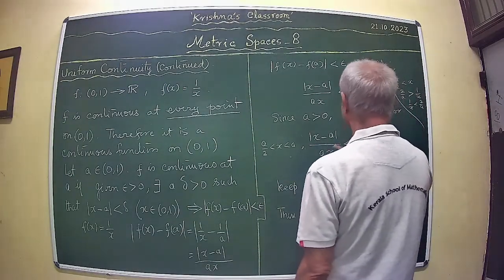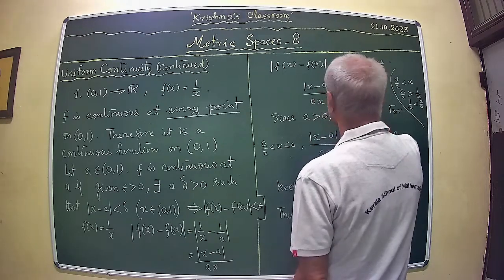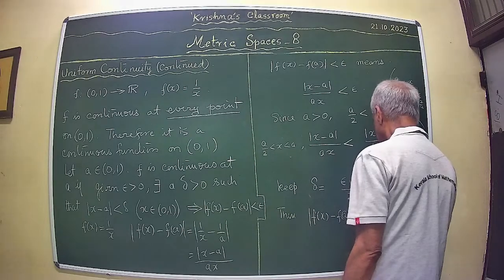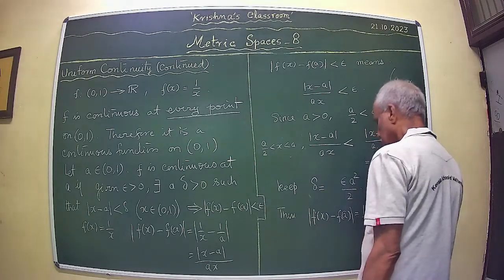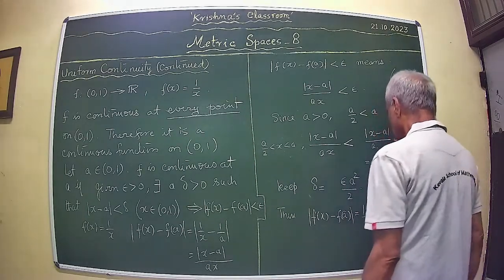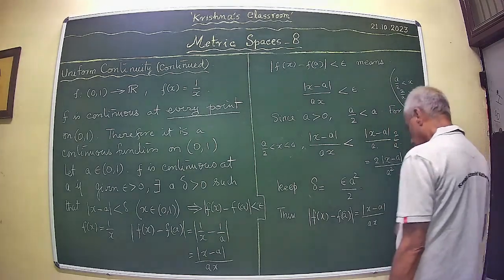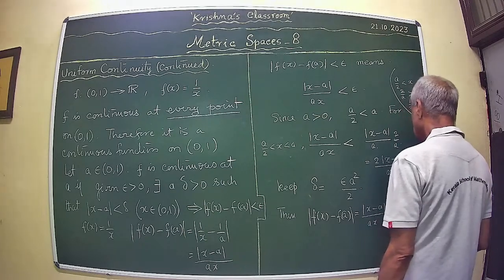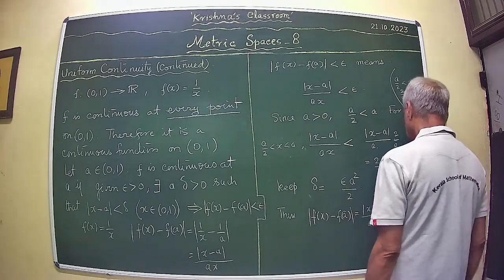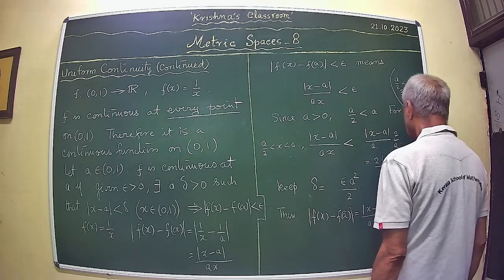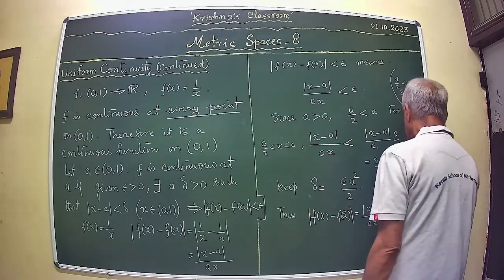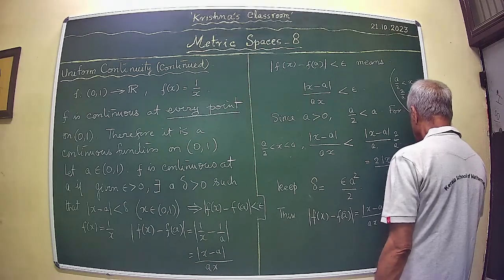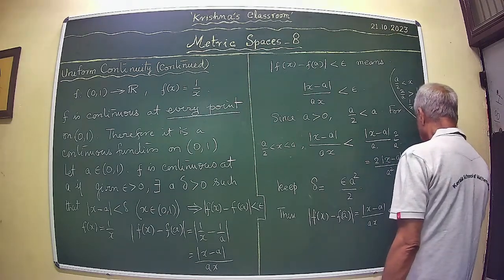So we have worked this out. This is equal to mod x minus a divided by ax, which is less than twice mod x minus a divided by a square.